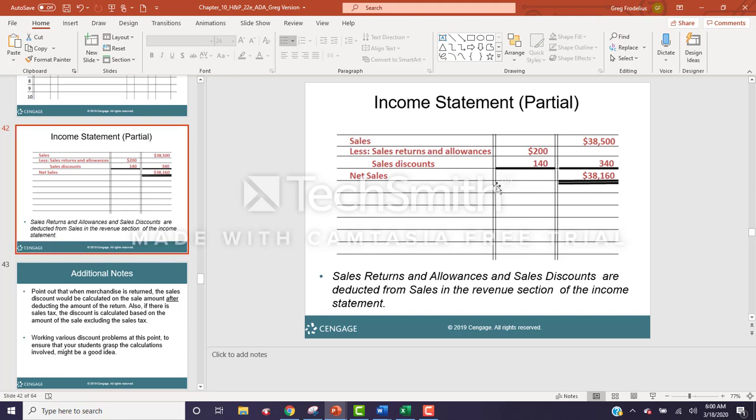But this is all we have to do on the income statement. We'll see this on the income statement moving forward. Before, we just saw simple sales of $38,000, that was it. Now we're dealing with these sales returns and allowances, sales discounts, which takes away from our gross sales. Take those two away, then we end up with net sales.